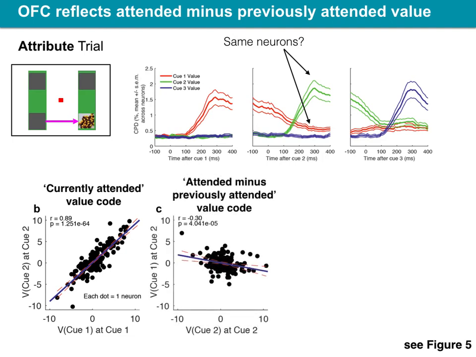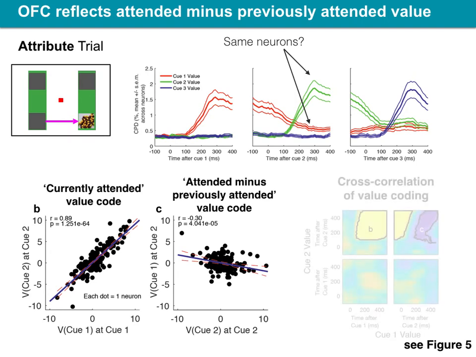And we find that they are, but crucially, they're negatively correlated with one another. And that's what's shown in figure 5c. So this means that when I'm attending to the second cue, the neurons that code positively for the currently attended cue's value will be negatively correlated with the value of a previously attended cue, the first cue's value.